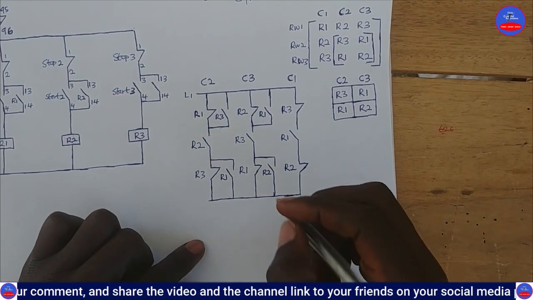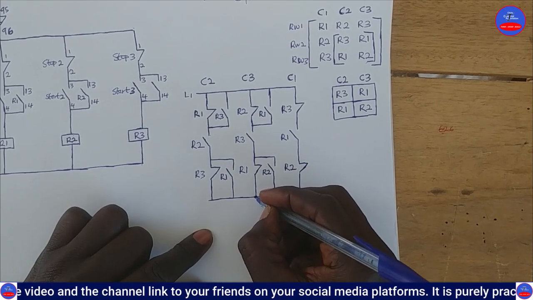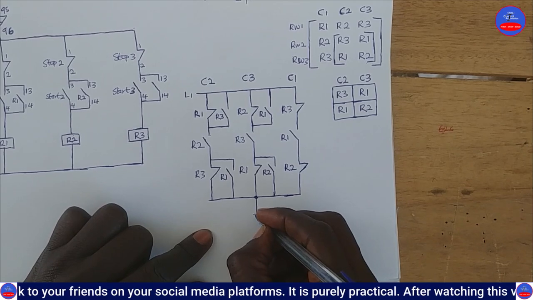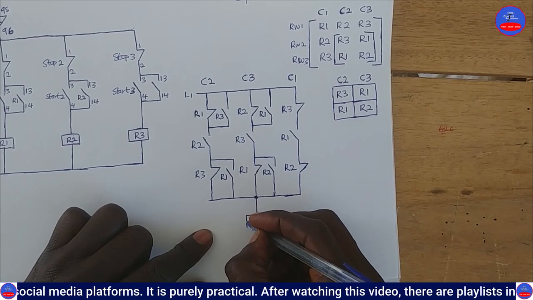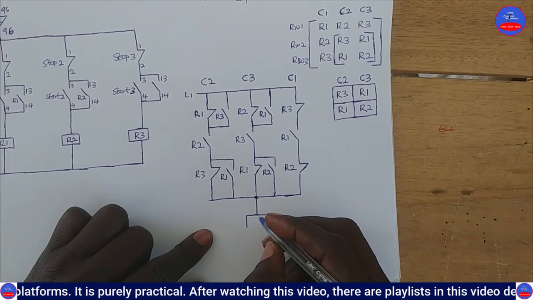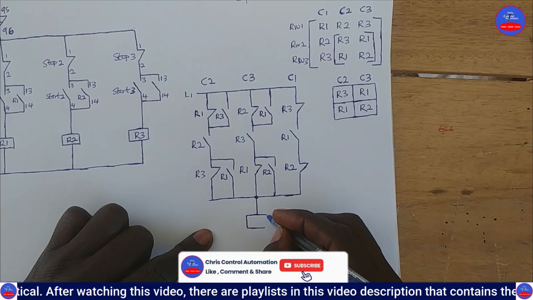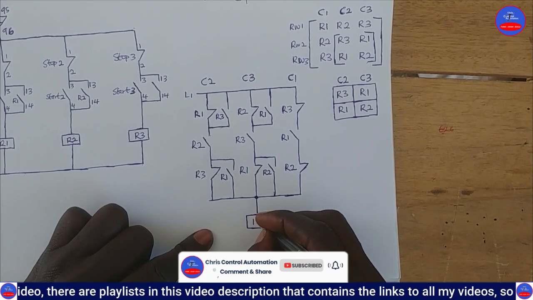Alright, and now here, okay, we tap from this side to our contactor. Okay, so this is that motor contactor. Okay. So this one will be K1.